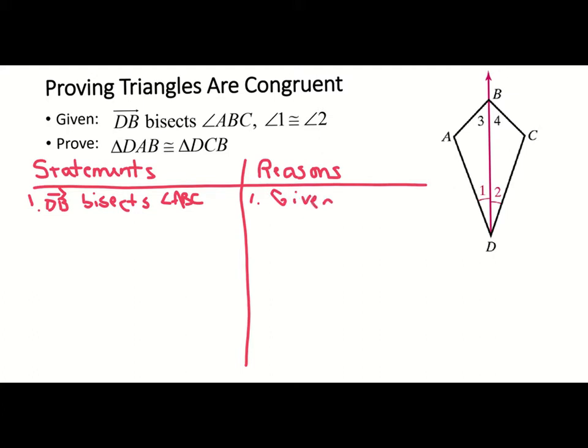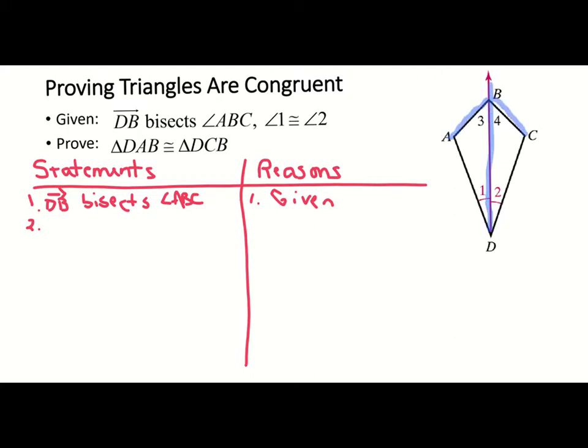And then if I have a ray that bisects an angle, I want you to think, what do you know from that given? If you have a ray that bisects an angle, what does that ray do? It cuts the given angle into two equal parts. So DB bisects angle ABC. So here is ray DB, and here is angle ABC.